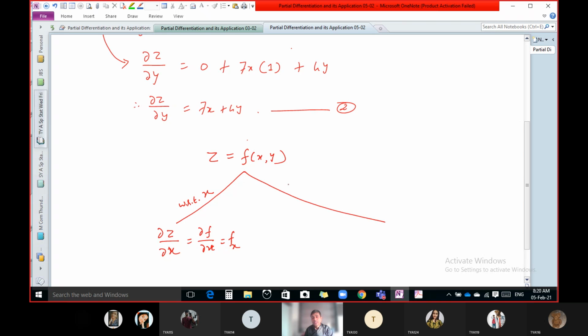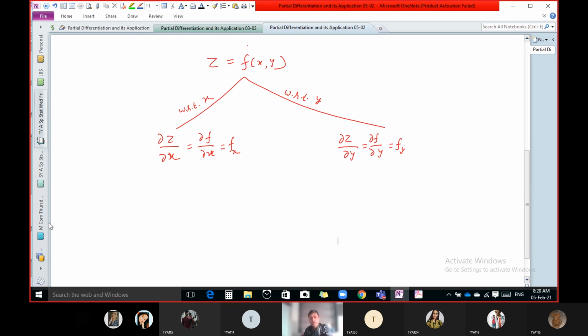And if we differentiate this z with respect to y, then it is denoted by delta z upon delta y, or delta f upon delta y, or simply fy.